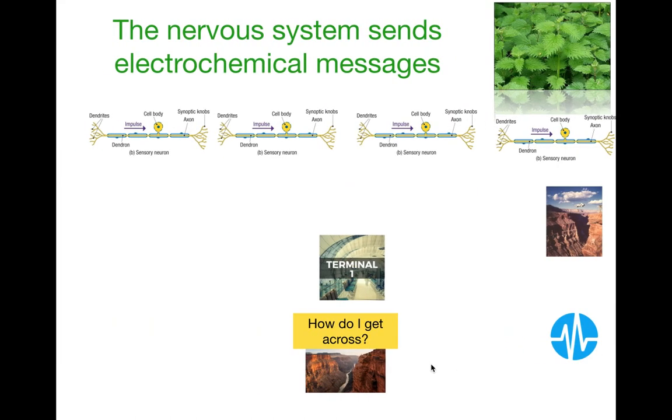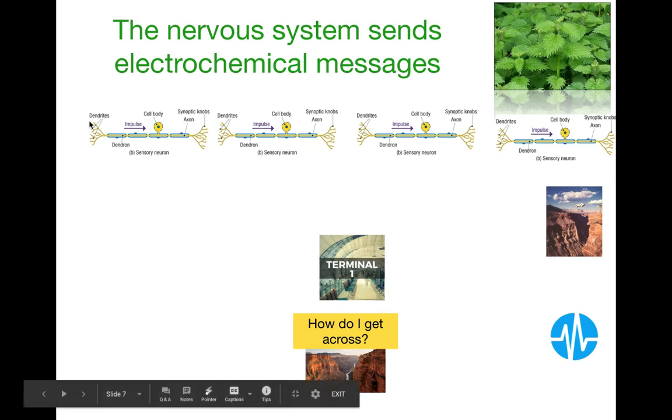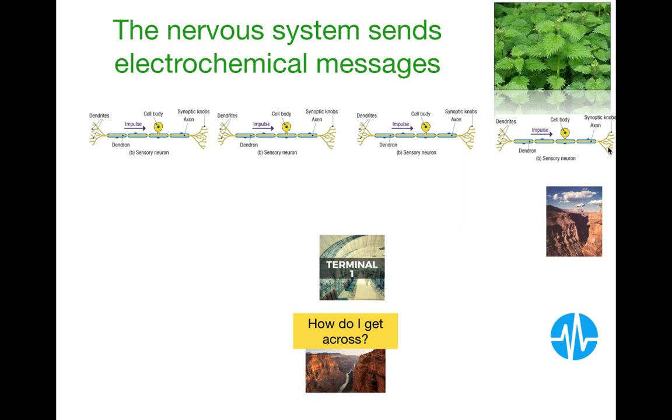Okay, so what you need to be able to do here is explain specifically what happens. And you pretty much know how to explain this already. So what do we know already? The dendrites here, I just have sensory neurons in this example. Let's imagine these sensory neurons are in our sense organ, for example, our skin.